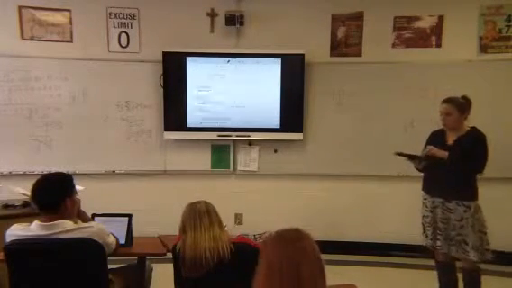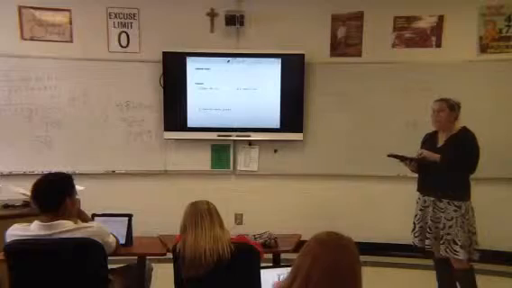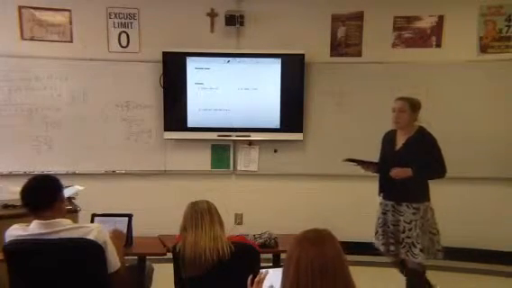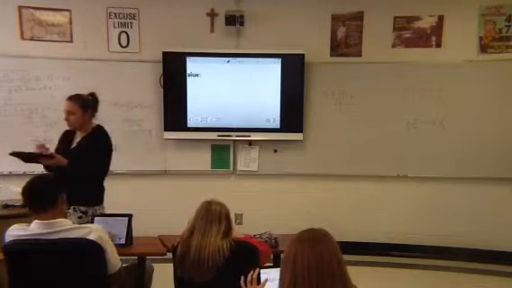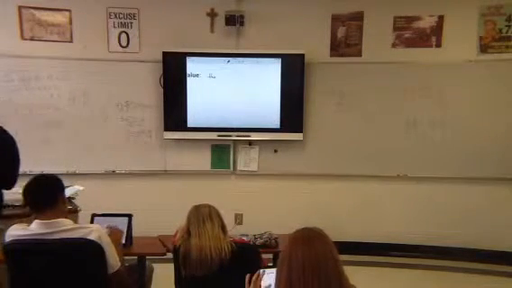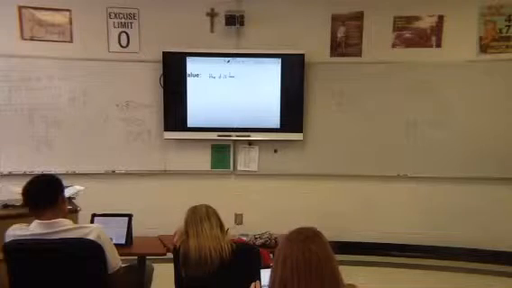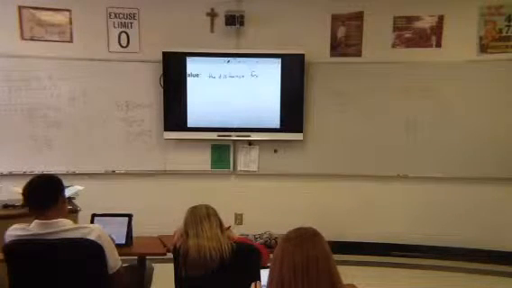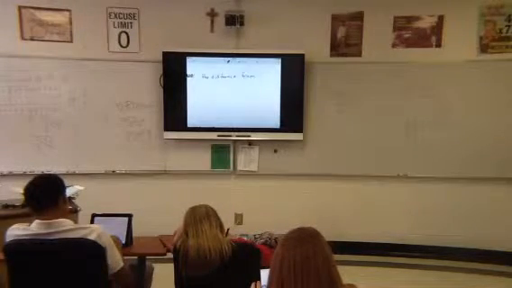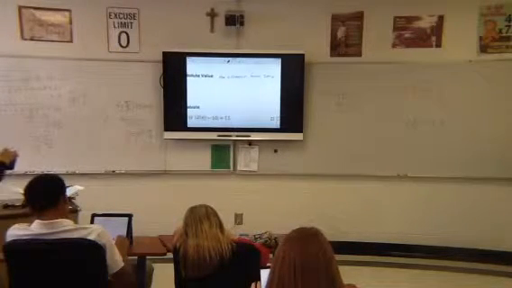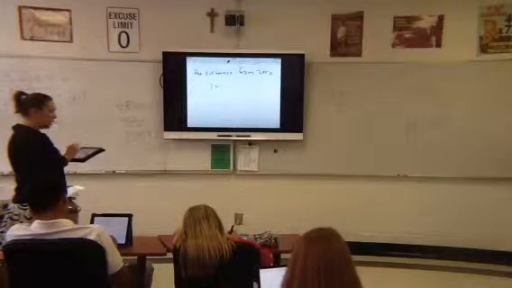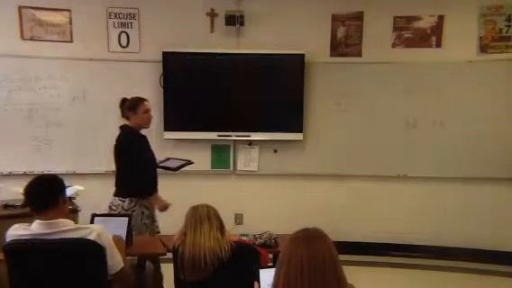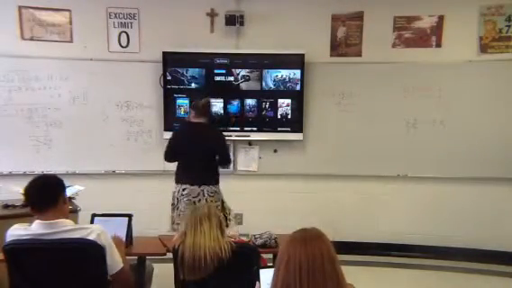Okay, let's go down to the next one here. Absolute value. The absolute value is the distance from 0. The absolute value symbol is two straight lines around a number.